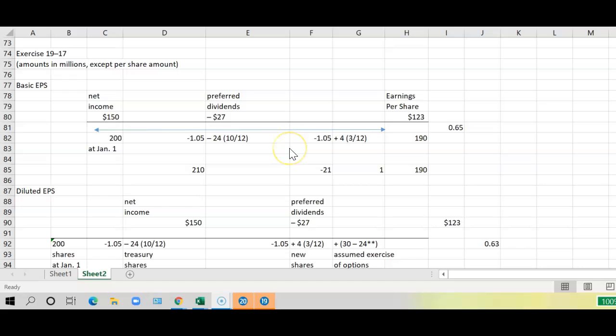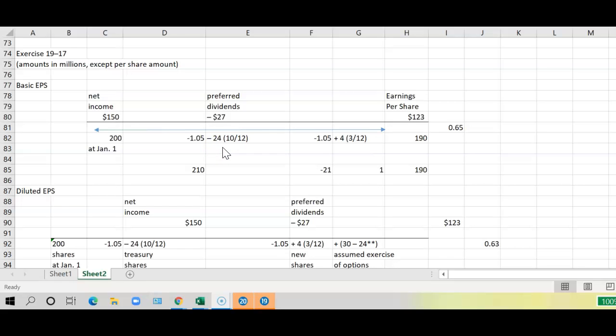There was a 5% dividend declared on July 1st. And then they also sold 4 million of the treasury stock in October that were purchased in March.